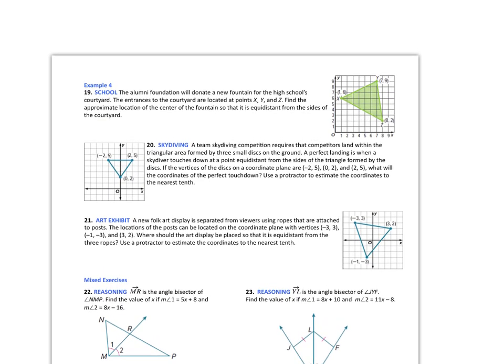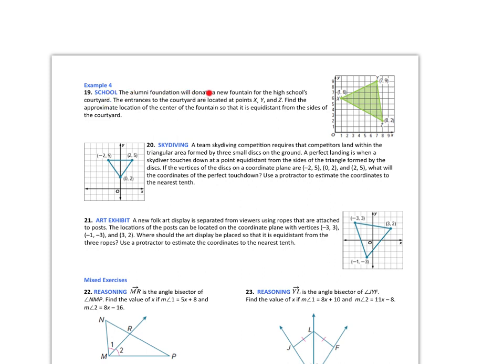Let's see here. So we're trying to come up with some of this information, and I can tell you that we're going to have to find a perpendicular bisector. Let's see here. The Alumni Foundation was donating a new fountain to the high school's courtyard.